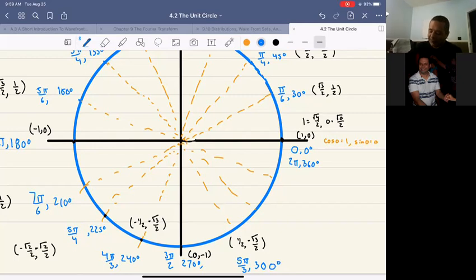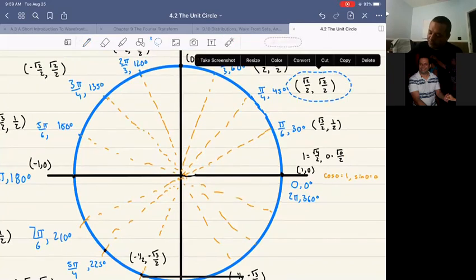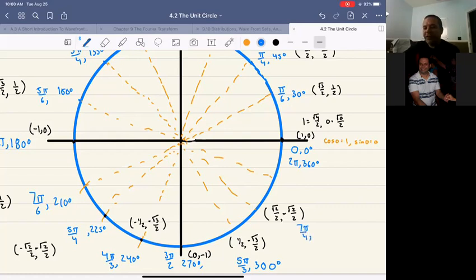The next point over here, I'm going to copy it from up here. Again, the y-coordinate here is negative. What is the angle? 2 pi minus pi over 4 is 7 pi over 4. 360 minus 45 degrees is 315 degrees.